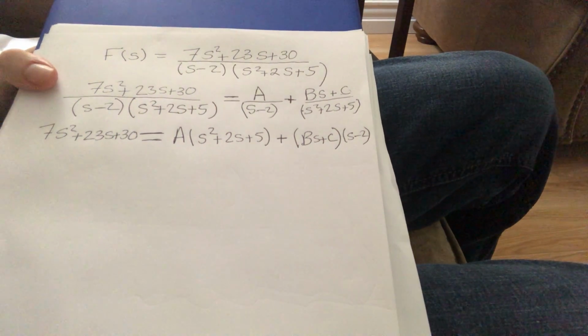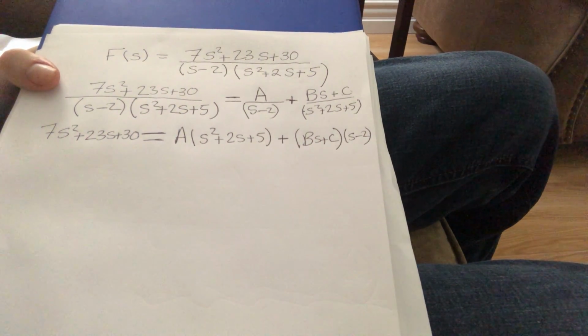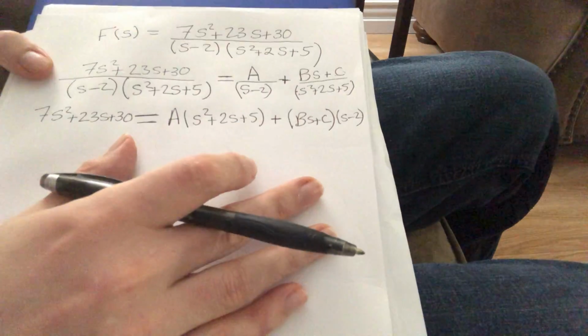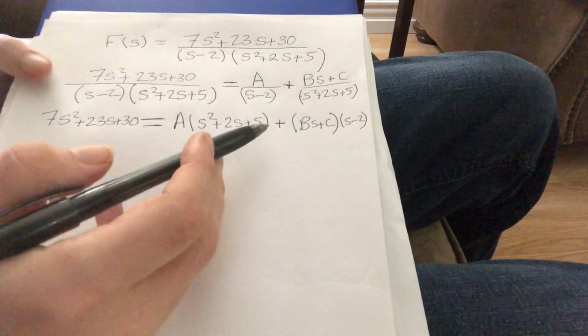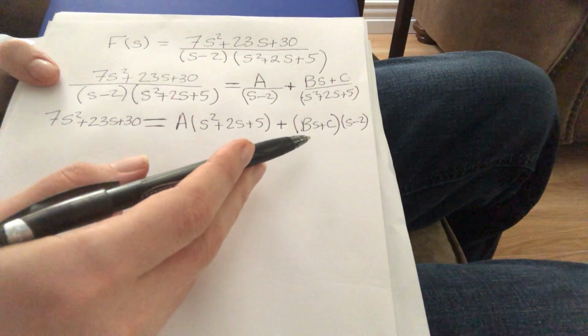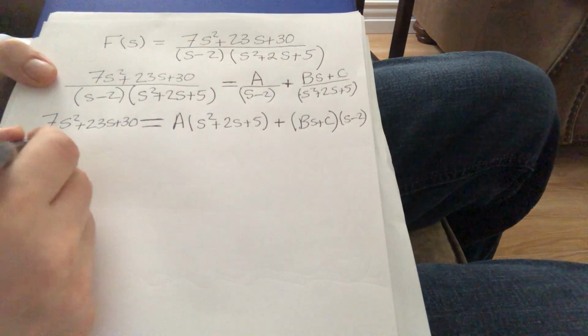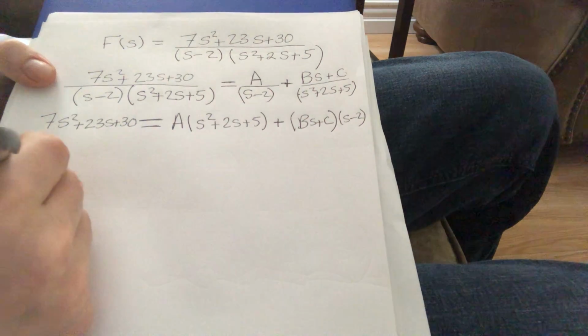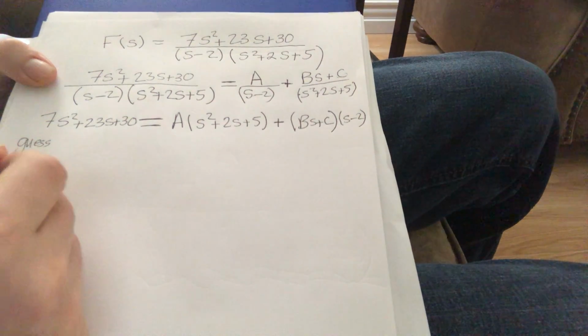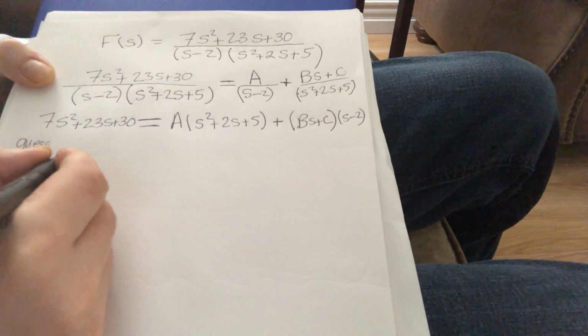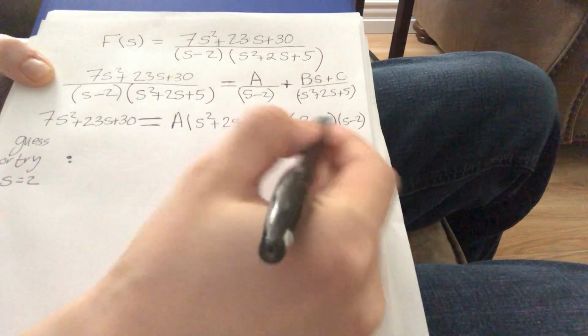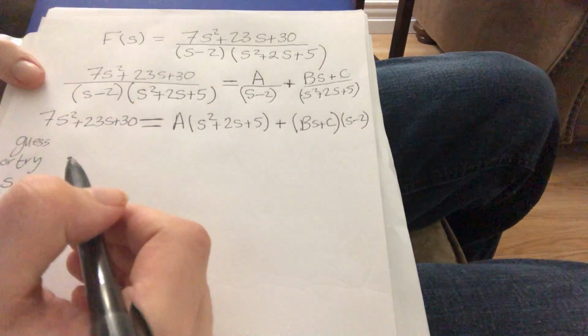You can look at the way I did it by comparing coefficients. But now I want to do it by guessing numbers. You don't have a lot of options, so I'm going to try s equals 2. Because 2 will cancel this, I can figure out a.